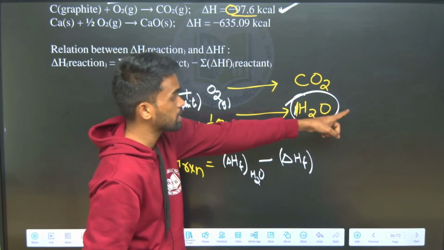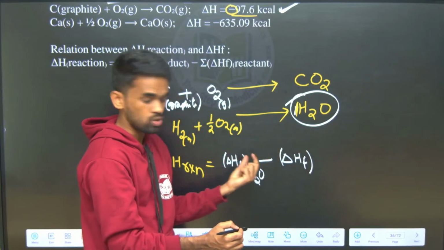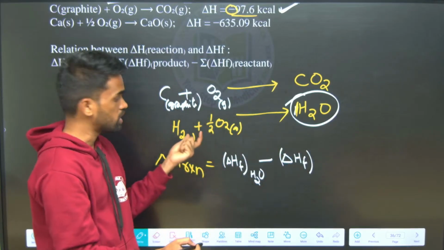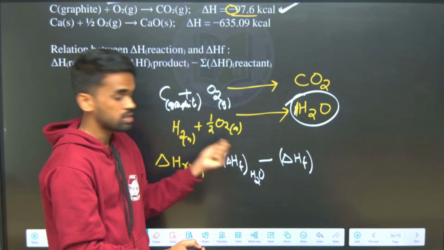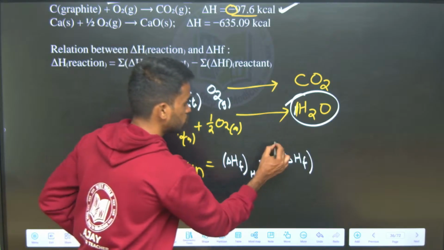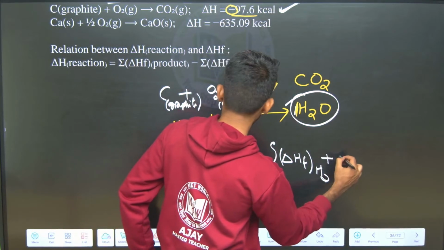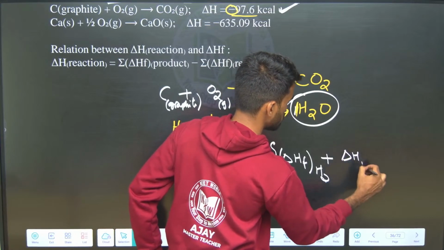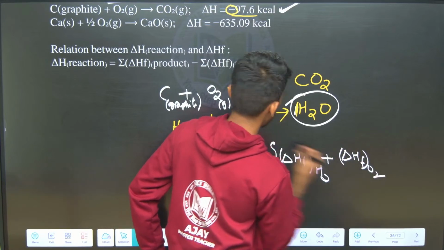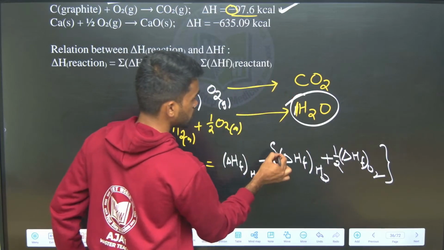After that, if anything else is formed you should write plus that thing. So after that, reactants. Reactants are deforming now, that's why I am taking minus here. So enthalpy formation of H2 plus enthalpy formation of O2, and what is the coefficient they have mentioned? Half, and here this will be 1.